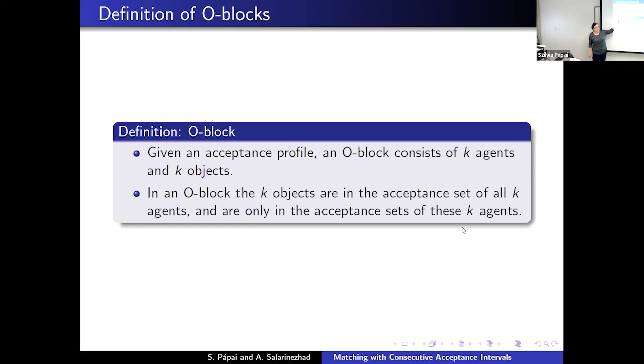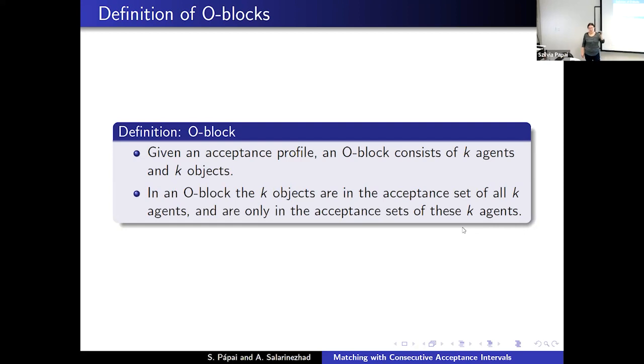We call this an O block, and at the very end, if I get to it, I will define an I block. The O refers to the fact that the objects are vulnerable to some extent to not being assigned, because these K objects can only be assigned to these K agents. The I block will be similar, but kind of the opposite.